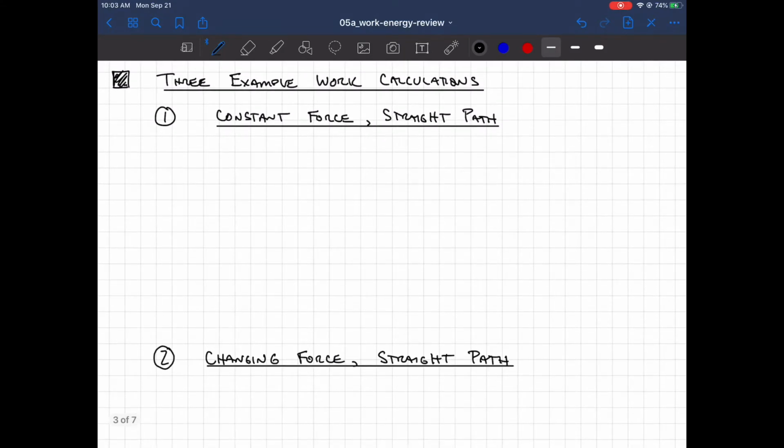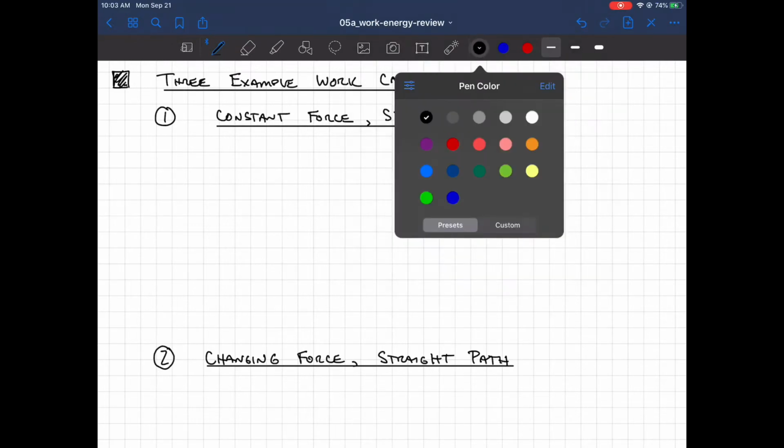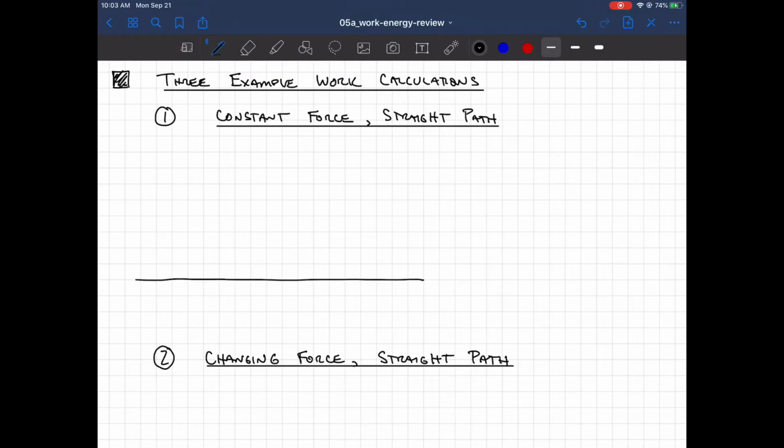So for a constant force straight path, constant means constant over the path that you choose. So the simplest example of this is the gravitational force near the surface of the Earth. So if I have like a table here, and I take a book here, and I want to move that book from one point in space to another, let's say that I want to put it up on top of the table, so it's going to end up here.